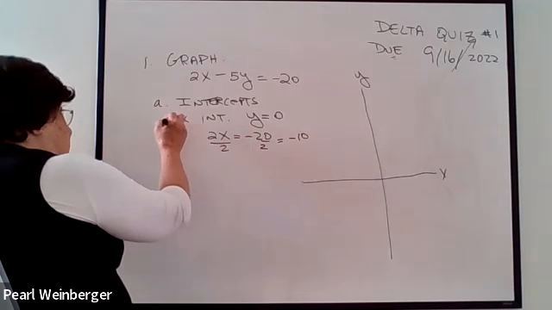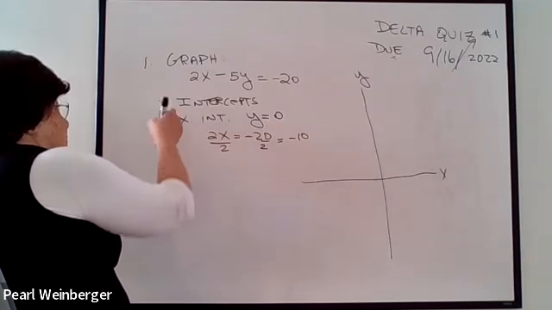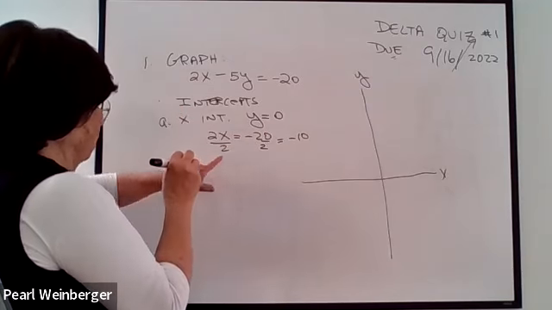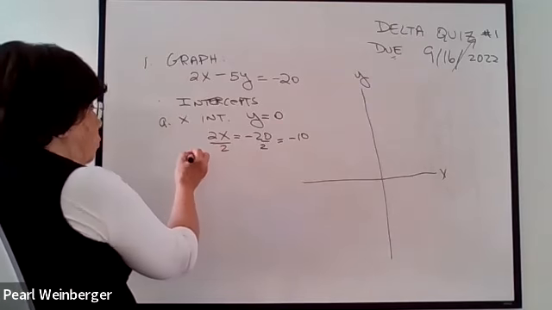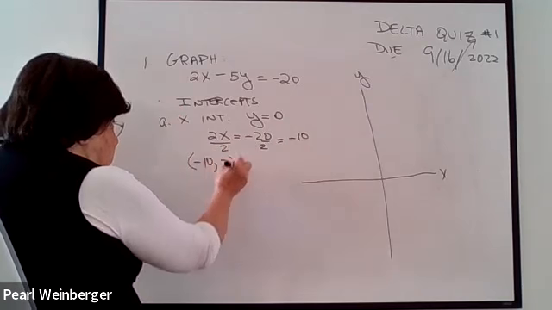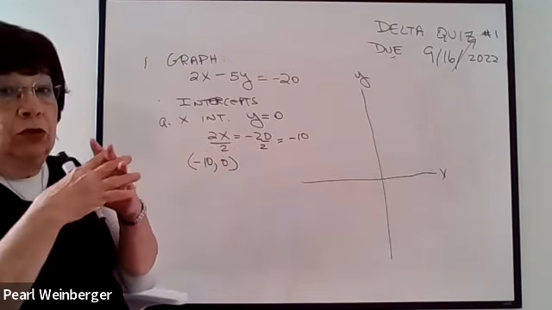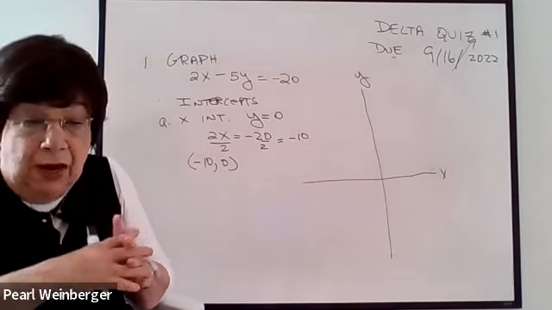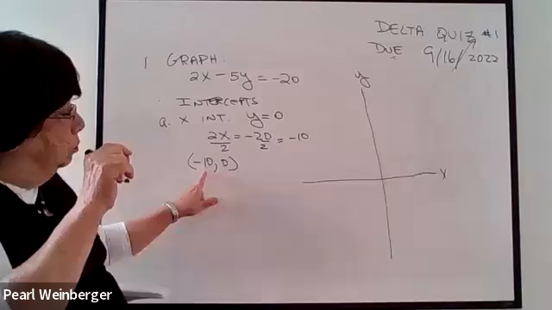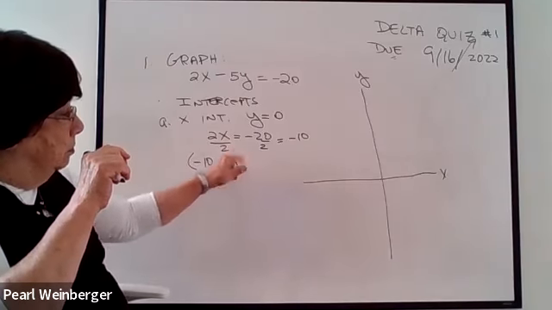So we have the x being -10. The y, of course, we just said, we set it equal to 0. The most proper way of saying it, to say the x-intercept is the point (-10, 0).